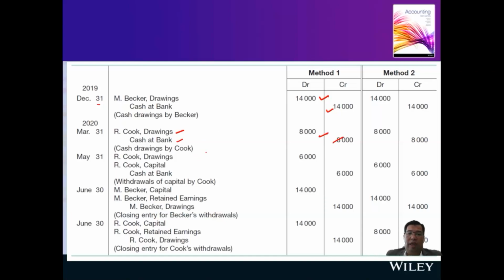On 31st May, debit drawing, credit bank. It's the same. There is no difference between drawing from the retained earnings or drawing from capital. Everything is considered as drawing. It will reduce the capital.